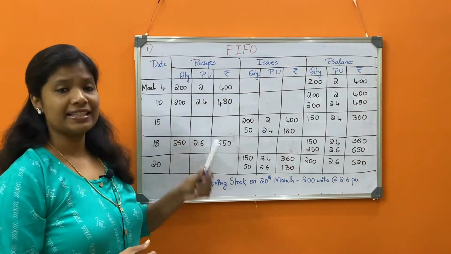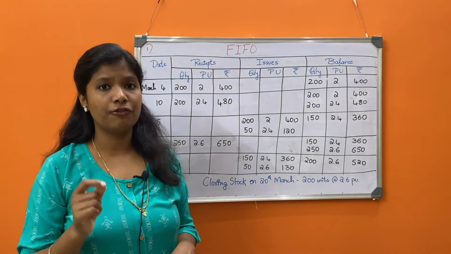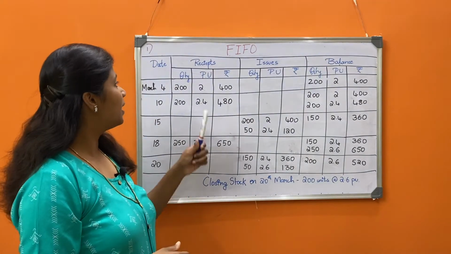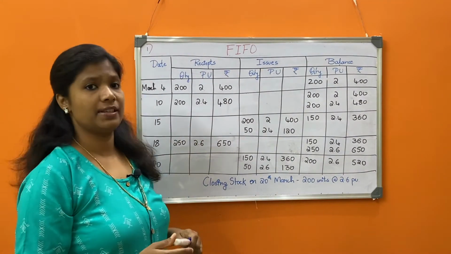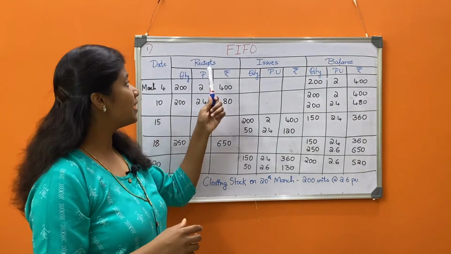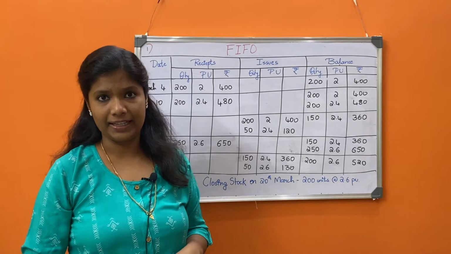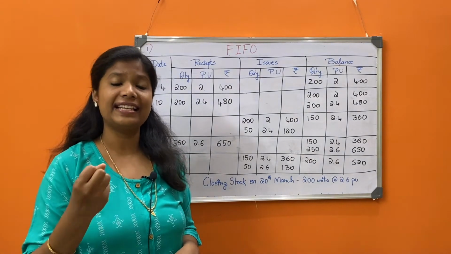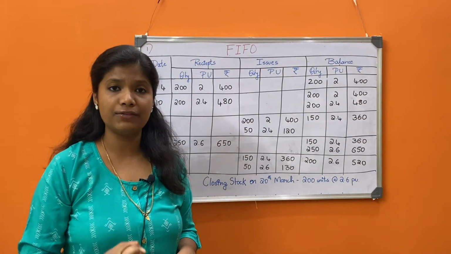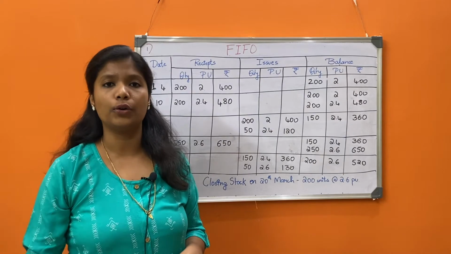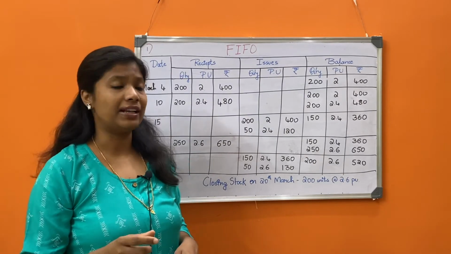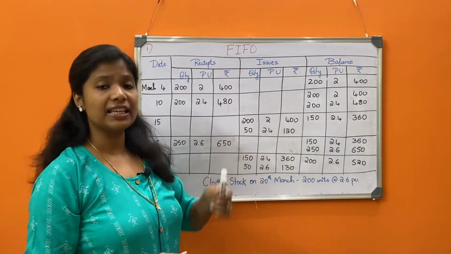So the transaction starts on March 4th, where it says receipts. Now I want you to understand what receipts means. The company has purchased raw materials, that is, it has received goods or received a number of units of raw material. That is called receipts. What is issue?